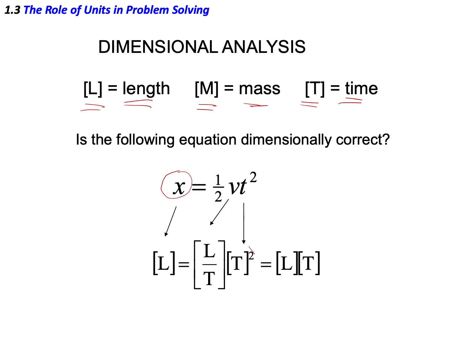So one T cancels with this, and we get LT. Which means the right side is L, the left side is LT. So these are not equal. So this equation is dimensionally not correct, which means this is not an accurate equation.